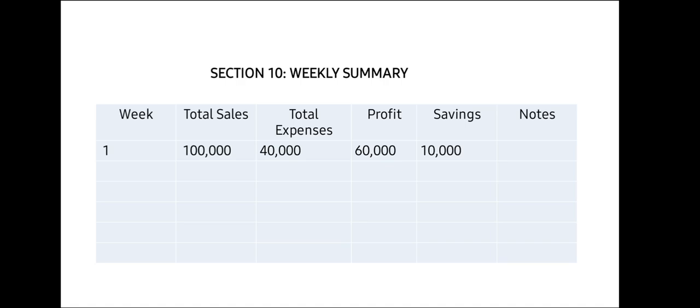Weekly review shows growth or problems early. It will show you whether your business is growing or there are early problems that you need to attend to.